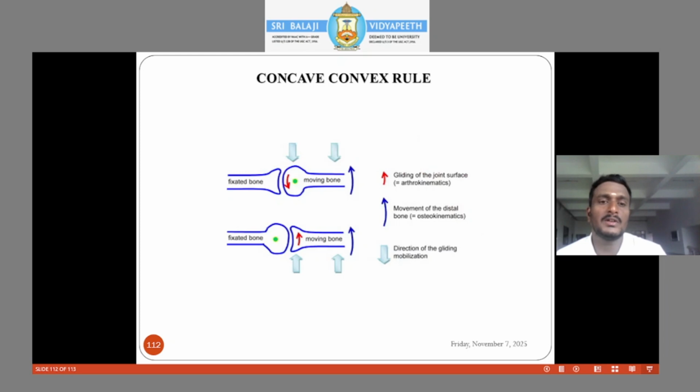When the concave bone is fixed and the convex bone is moving, rolling and gliding take place in the opposite direction. When the concave moves on a convex surface, the roll and glide take place in the same direction. This is very important: the convex-concave rule. Once again, a convex surface moving on a concave one rolls and glides in opposite directions. When the concave surface moves on a convex one, the roll and glide take place in the same direction.